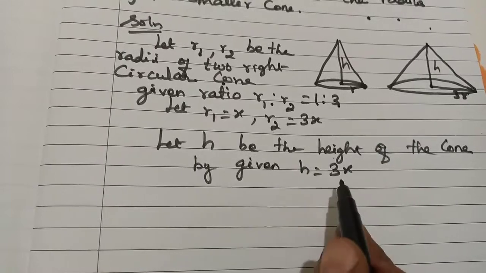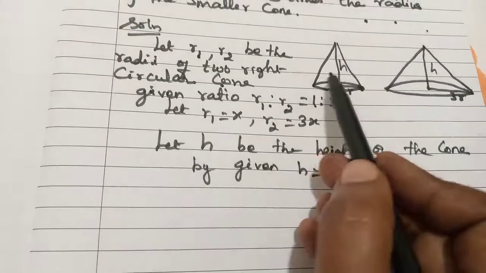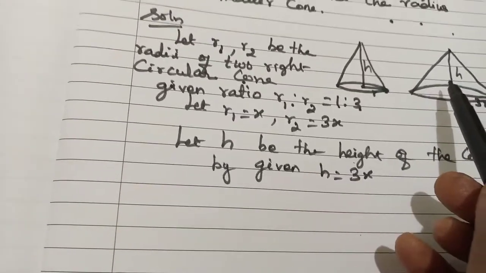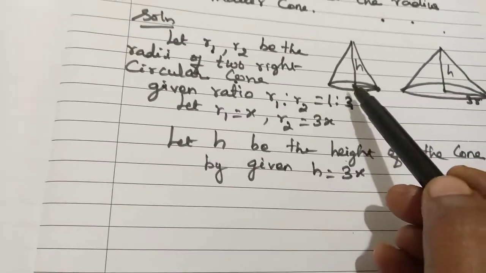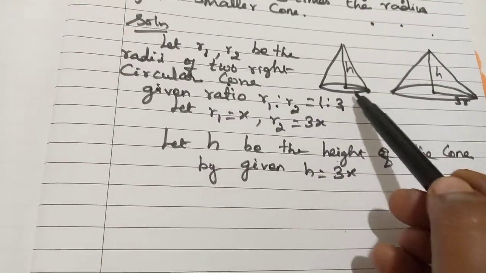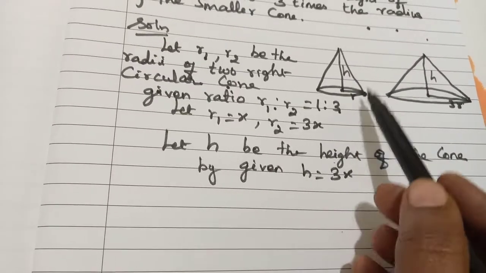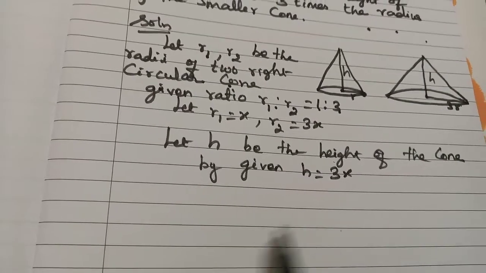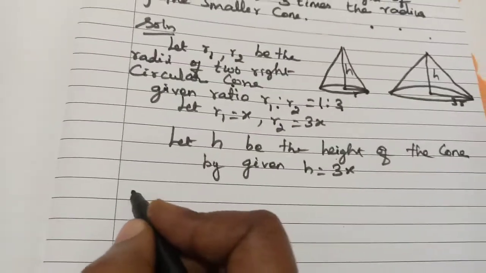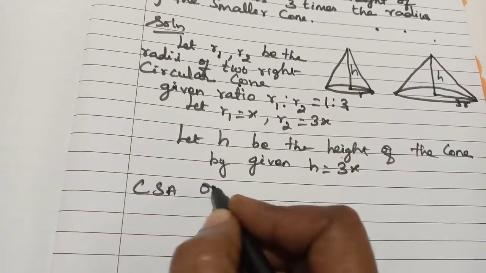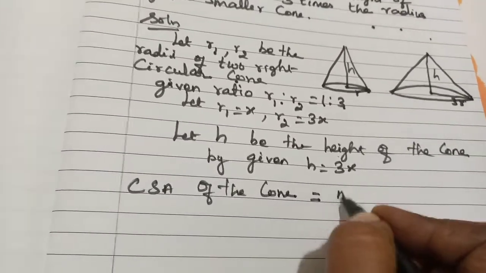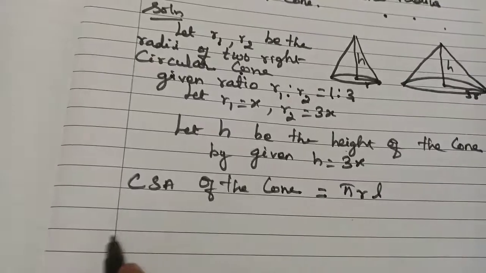Did you understand this? Both cones have the same height, but one condition is given, it is 3 times the smaller cone's radius. The smaller cone's radius we have taken as x, so 3 times it means 3 into x. Okay, the CSA formula, let's write. CSA of the cone is equal to pi r L. We have to find the ratio.